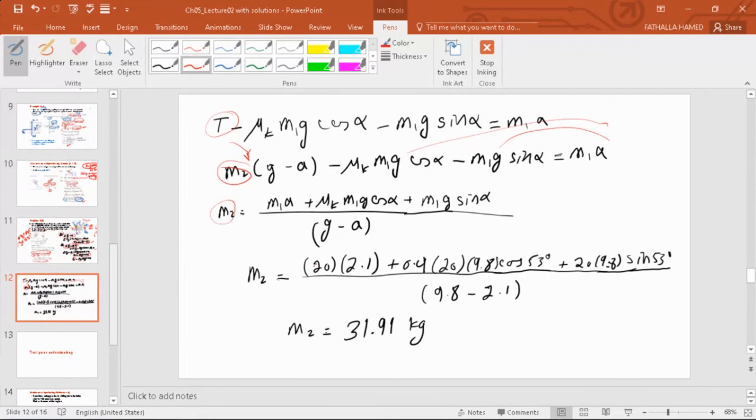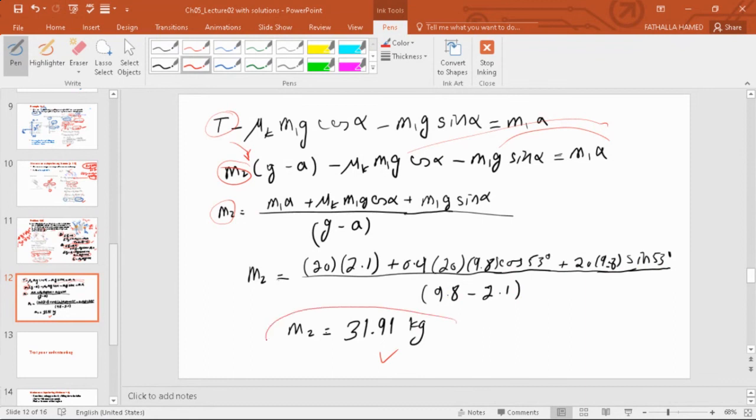You plug in your numbers. M1 is 20. The acceleration is 2.1. Mu k is 0.4. So 20 times 2.1 plus 0.4 times 20 times 9.8 cosine 53 plus 20 times 9.8 sine 53, over 9.8 minus 2.1. And this gives you 31.91 kg.